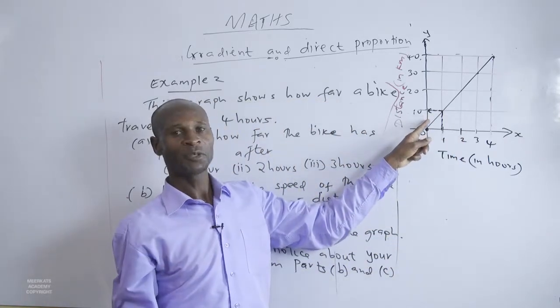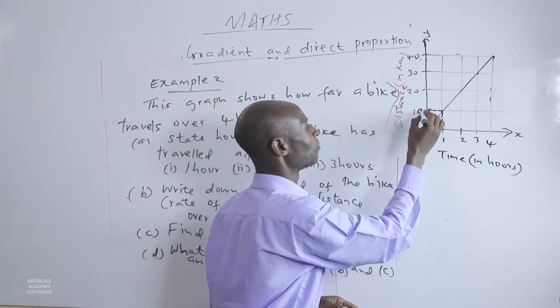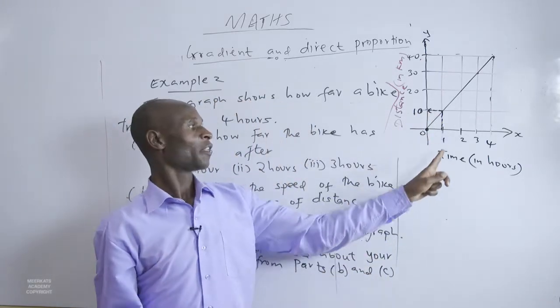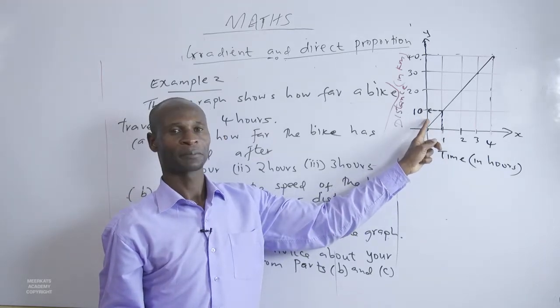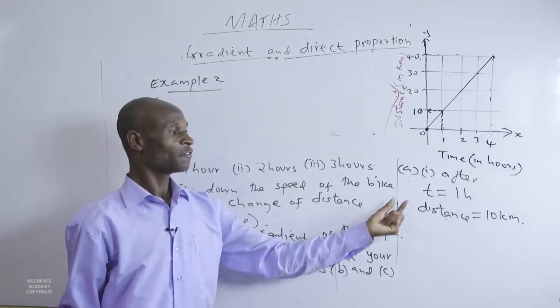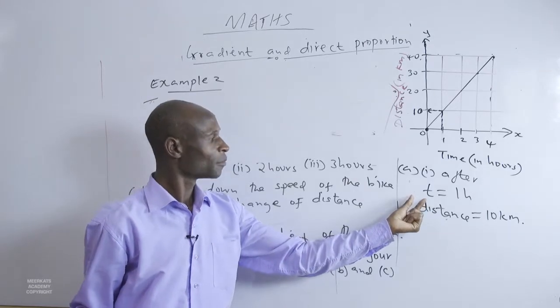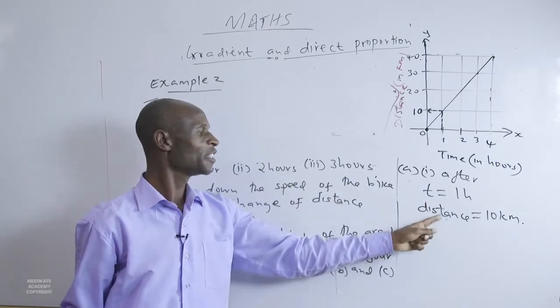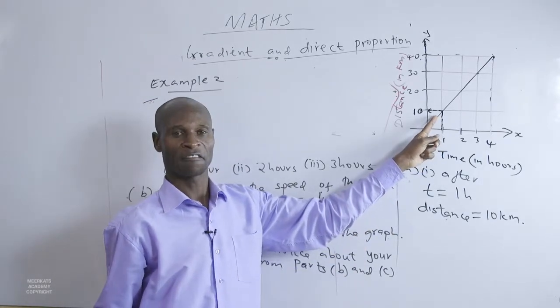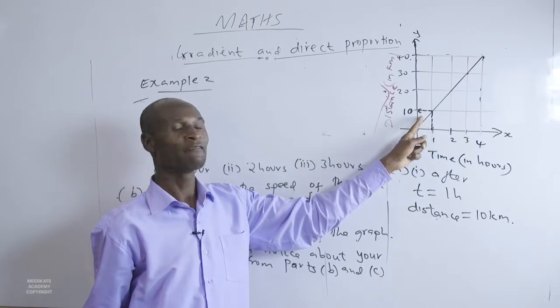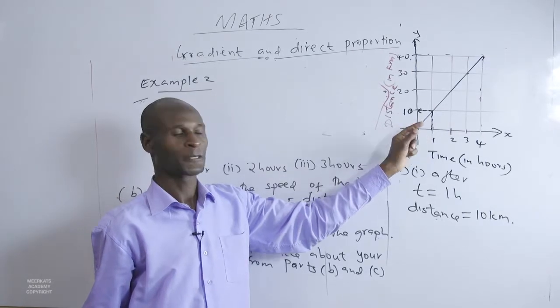So I've indicated using an arrow that at 1 hour, the distance is 10. So after t is equal to 1 hour, the distance traveled is 10. You will only indicate on the graph because we are reading the values from the graph.